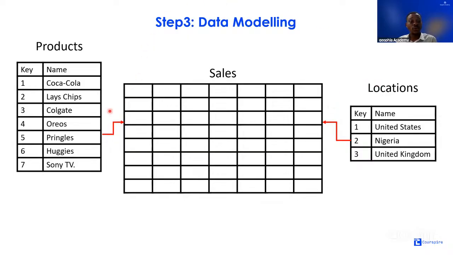And now we begin to match them up. For example, if line 1 is a sale of Coca-Cola, here we'll add the ID of the location where that Coca-Cola was sold. We'll know the price of that product, the shipping cost of that product, how much was spent.